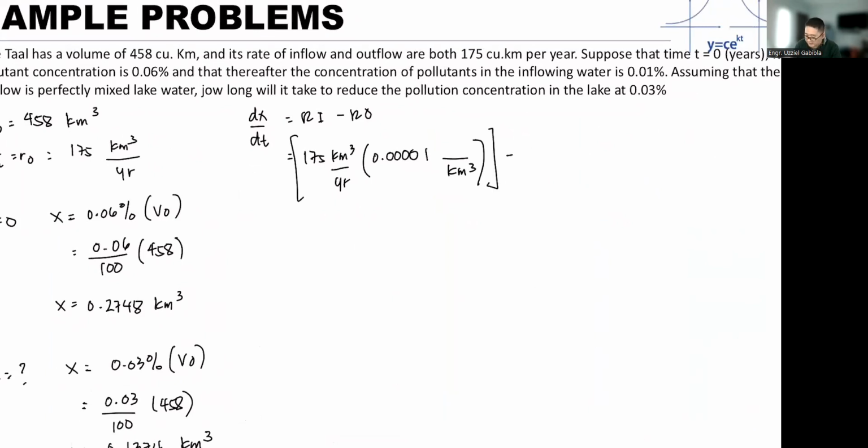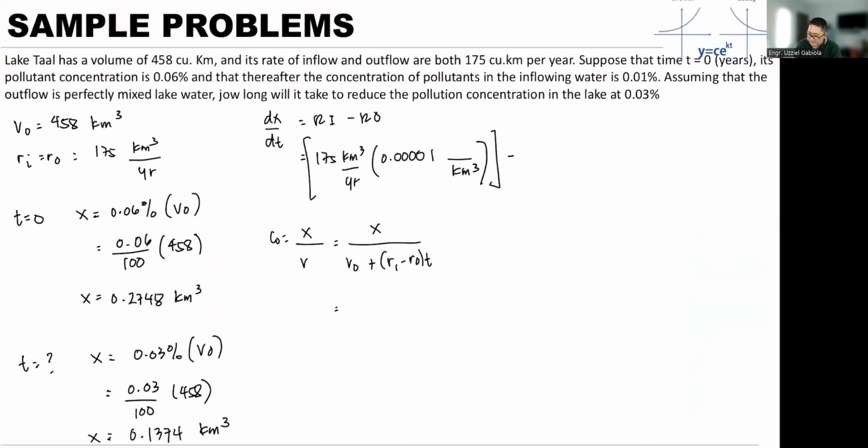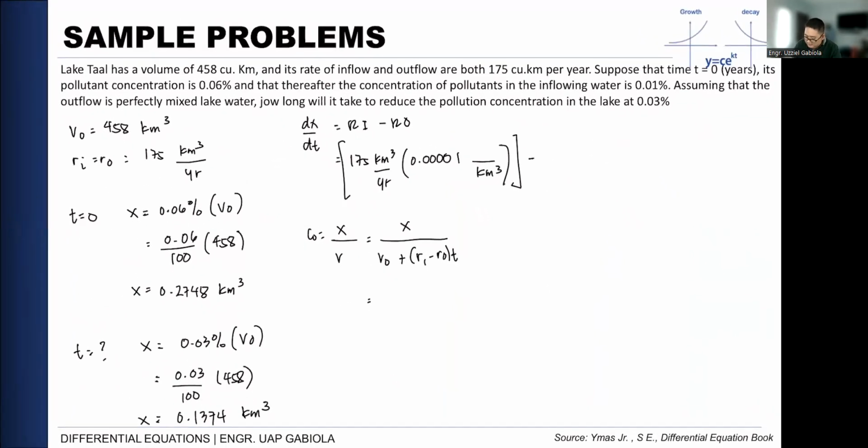Minus yung rate out natin. So rate out natin, x over v is equals to x times yung initial natin plus yung rate in minus rate out times t. So since parehas naman yung rate in rate out natin, that is x over 458 lang. Okay? So 175 cubic kilometer per year times x over 458.